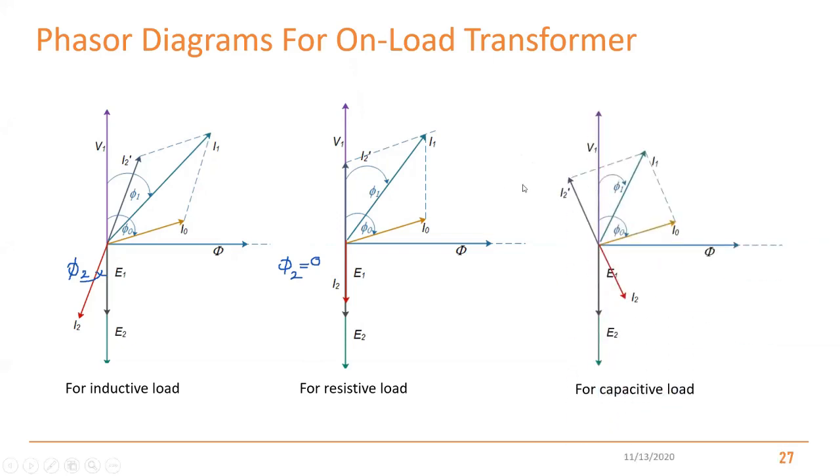For capacitive load, you can find that this is the phasor diagram. The difference is very slight. Again, this is the secondary power factor angle phi 2.